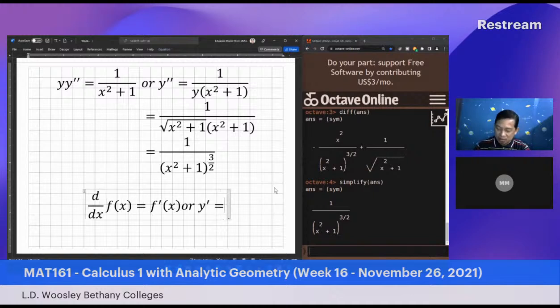Then we could equate this to a particular function. This is also a particular function f of x.